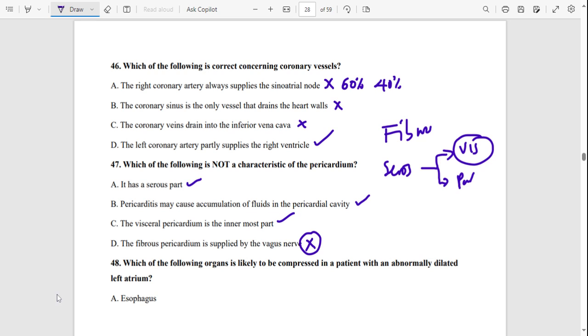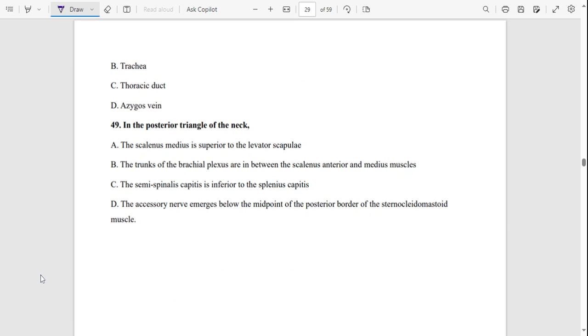Number 48. Which of the following organs is likely to be compressed in a patient with abnormal dilated left atrium? If the left atrium is dilated, you expect the esophagus to be the one which is going to be compressed.